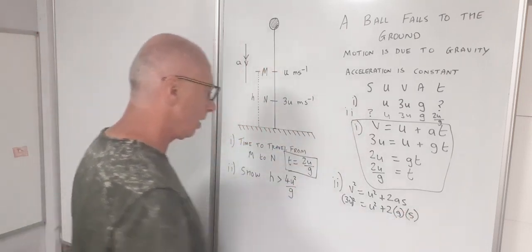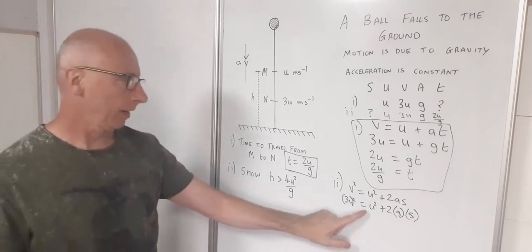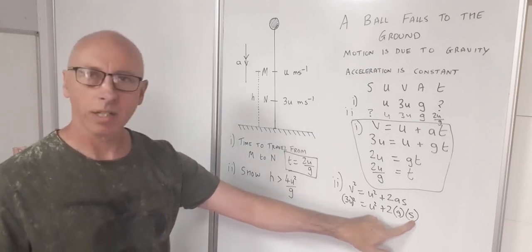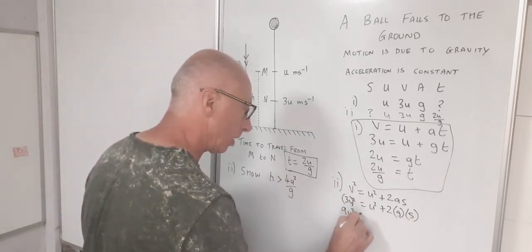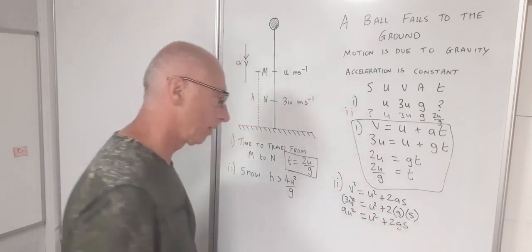So that's what we need to put in there. Okay, now let's simplify this. We need to try and get S on its own. So we've got 9u squared equals u squared plus 2gs.